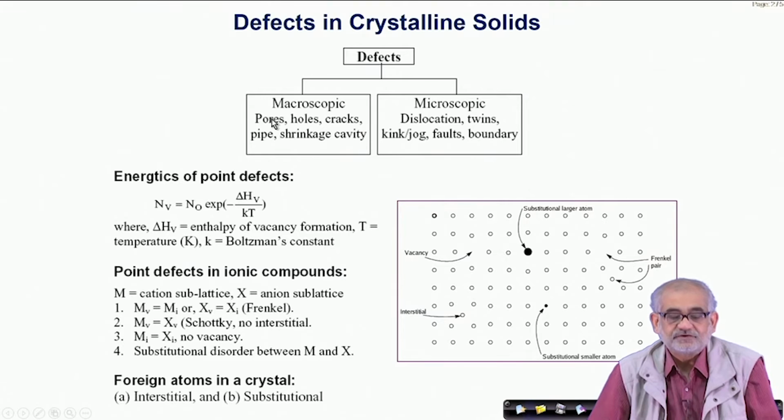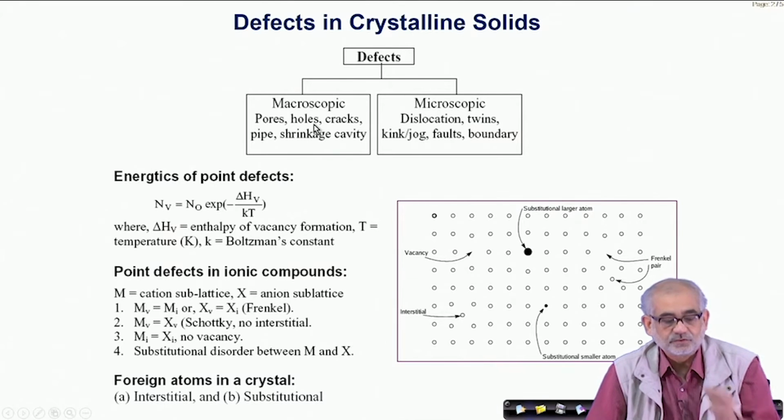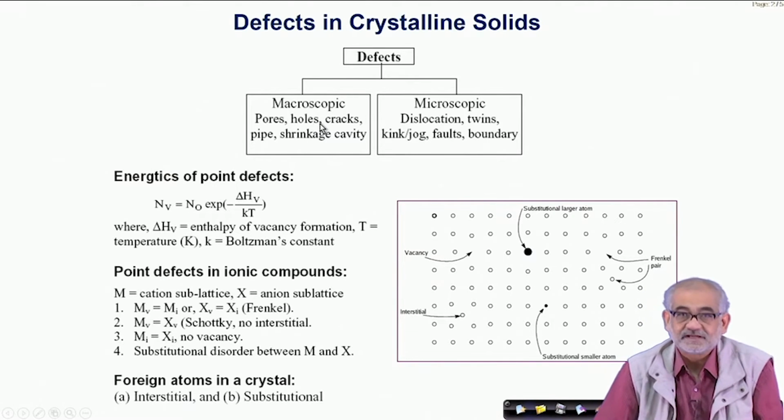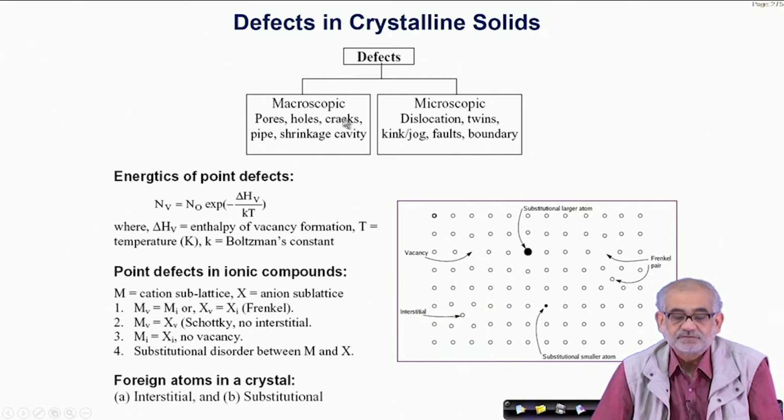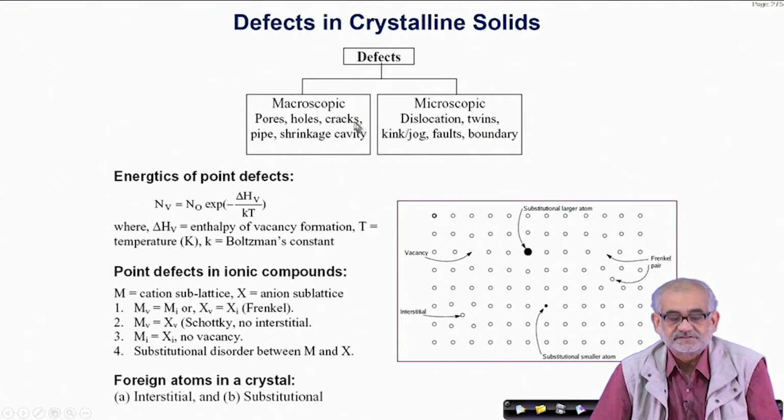For example, pores or porosities, various kinds of shrinkage cavities leading to holes and formation of pipes in cast structures. There could even be cracks on the surface of various sizes and dimensions. These are visible under the naked eye or at low magnification, maybe with a magnifying glass.